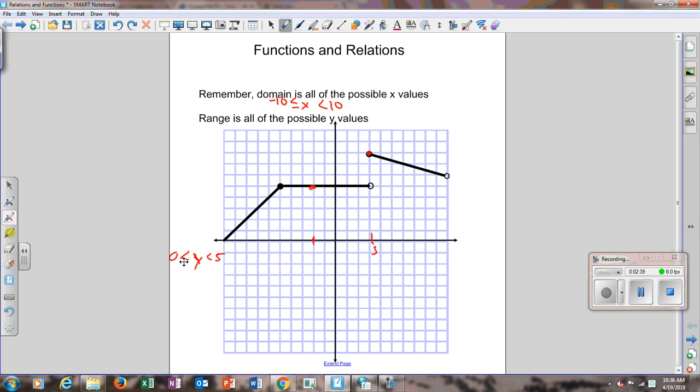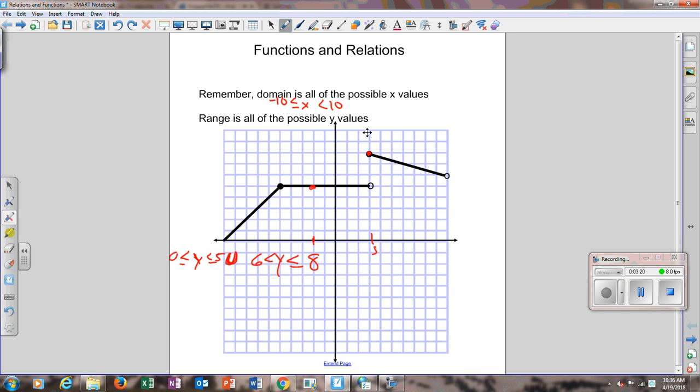So it's going to be, because it's at 5 this whole length. So even though we have this open dot here, it's at 5 for this entire length. So our range is going to be 0 is less than or equal to y, less than or equal to 5, union, which just means like and, and it goes from 6, but y is only greater than 6, and it's less than or equal to 8.